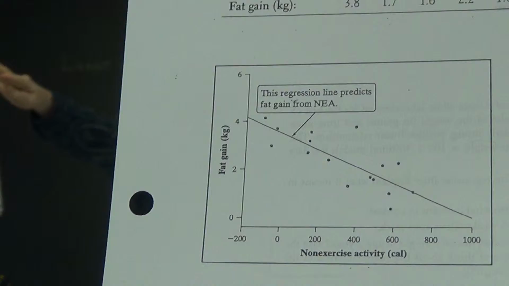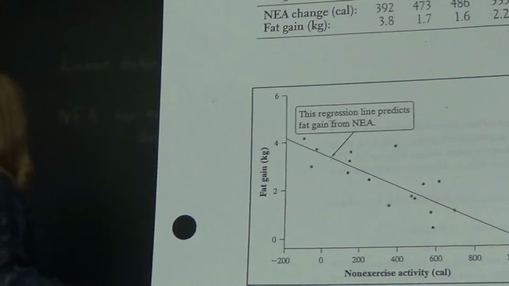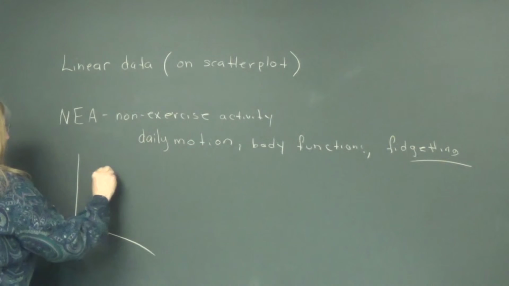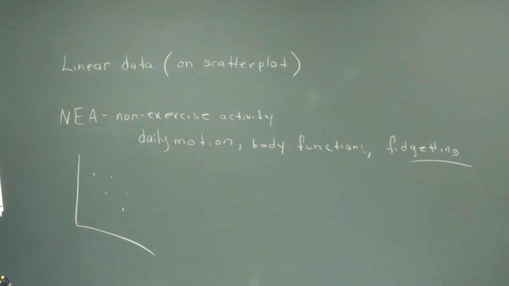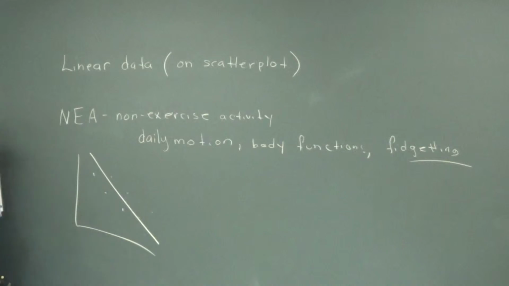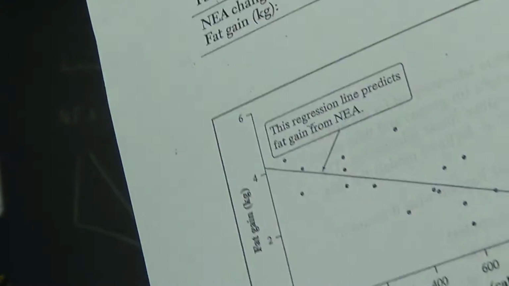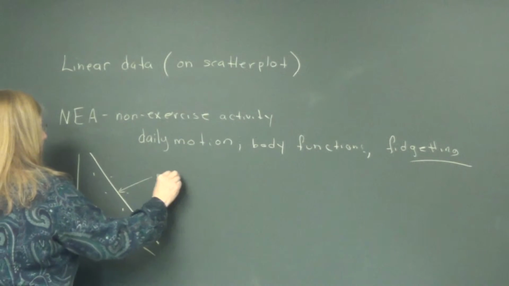It goes down, right. So the data went like this, it went down. We're going to add a line today. I think I had you do a line the day that we were doing the search for the missing cookie. The book already added the line for you on the scatter plot. We're going to give that line a special name, and it's called the regression line.